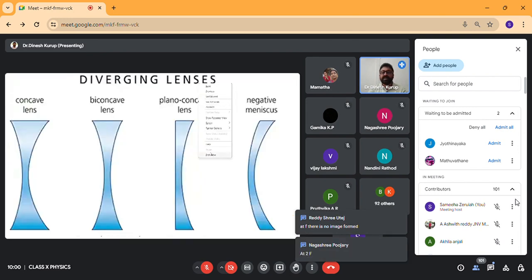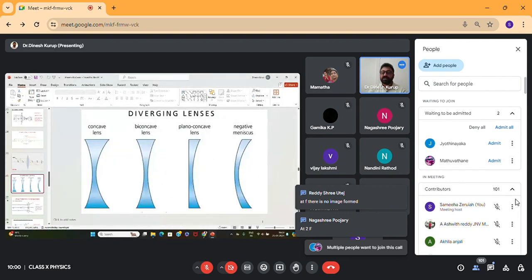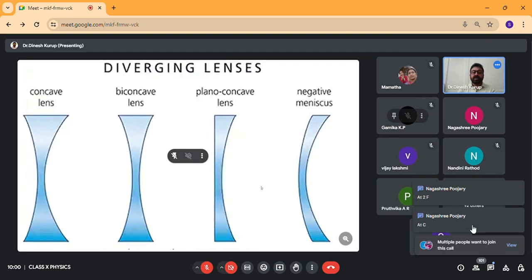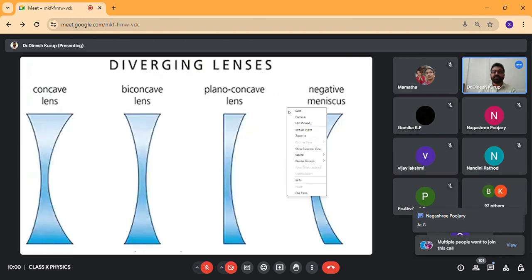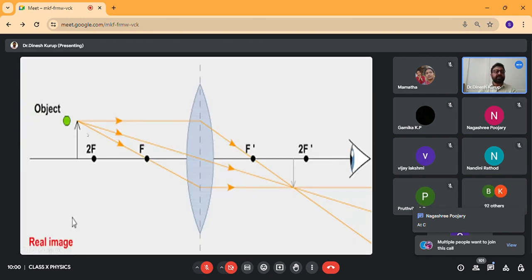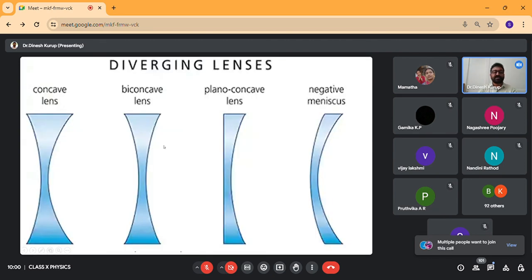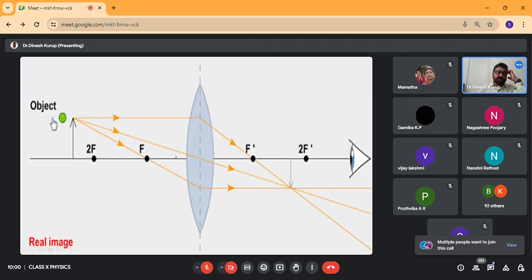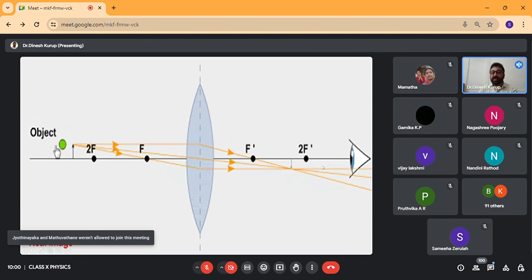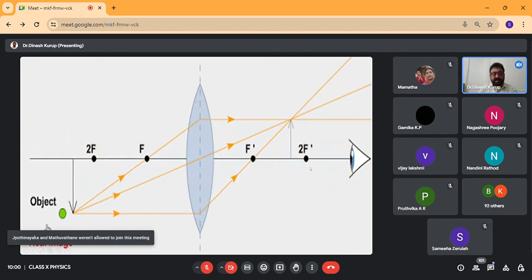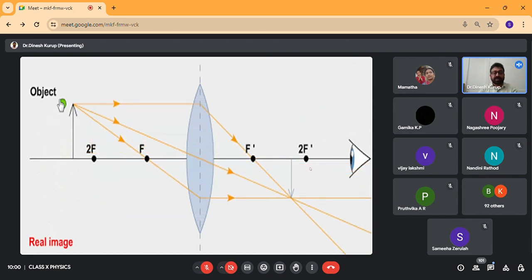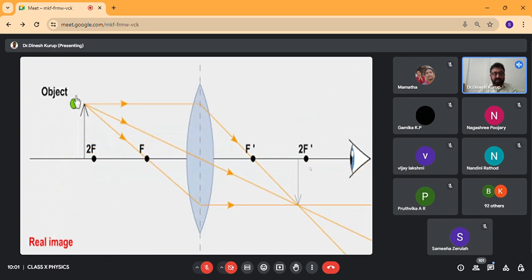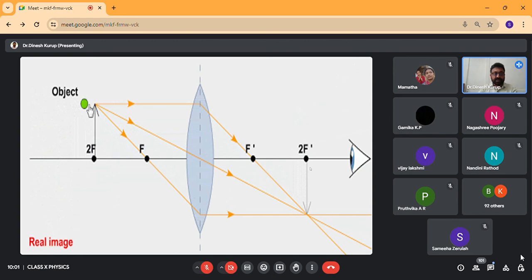When you keep an object at 2f, the image will be again at 2f on the other side. The image will have the same size, everything will be the same except that it will be inverted.